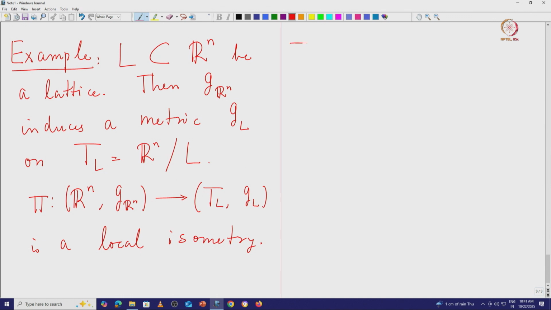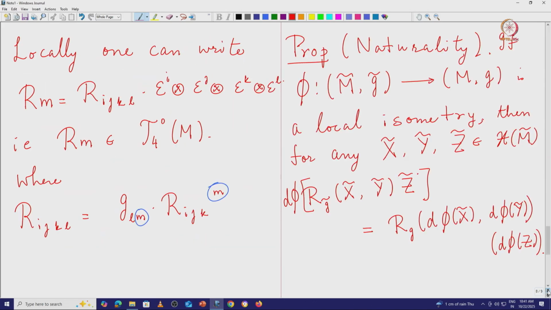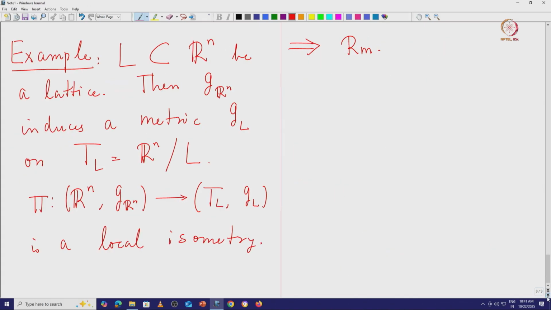Okay, so that means that, oh, I should have also mentioned that one can write down the same thing for the curvature tensor. So for the curvature tensor also you can see easily that Rm of this induced metric on T_L is simply the pullback of the curvature tensor.